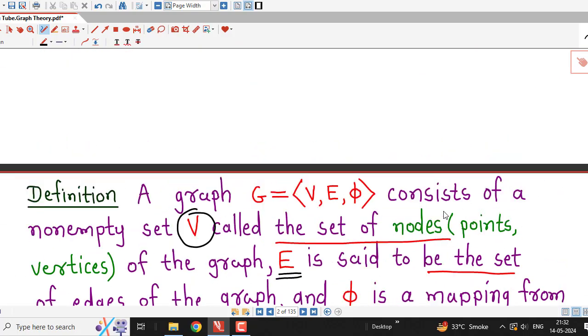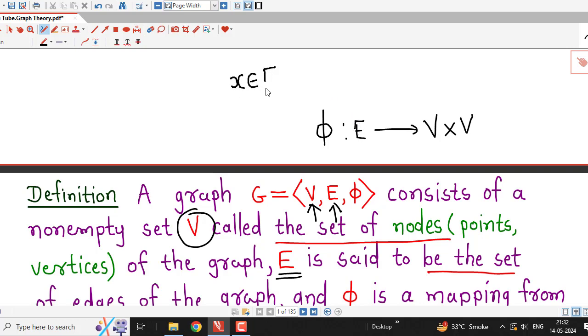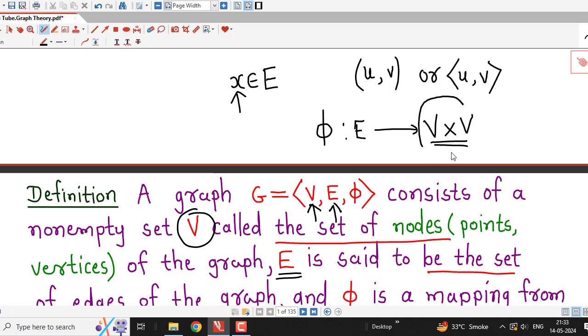So all we have to understand is that a graph is an algebraic system in which we have a set of vertices, a set of edges, and there is a mapping from the set of edges E to the Cartesian product of V with itself. This means that corresponding to each edge X in the set of edges, there corresponds an ordered or unordered pair, either (U, V) or {U, V}, from this set.